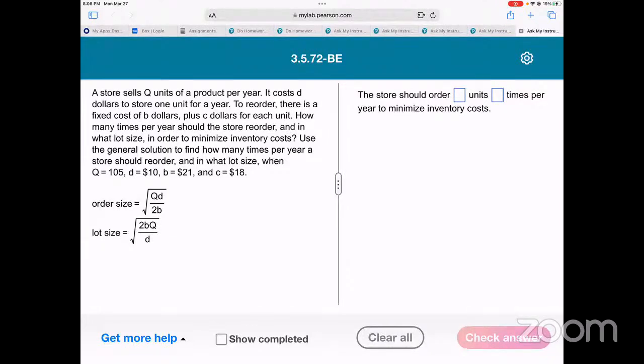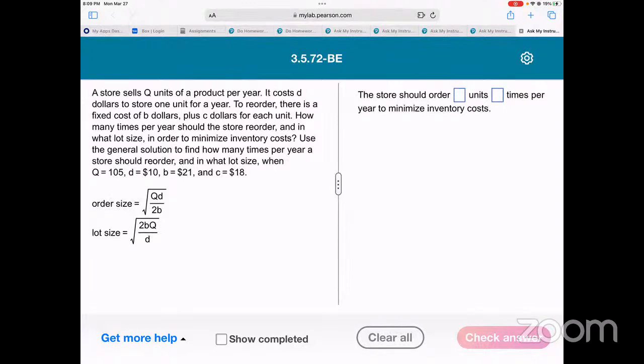So basically we need an expression for the cost function, for the inventory costs. There's a fixed cost of B dollars plus C dollars for each unit.